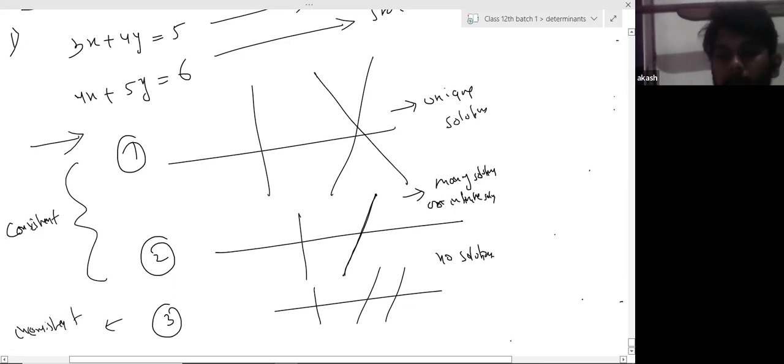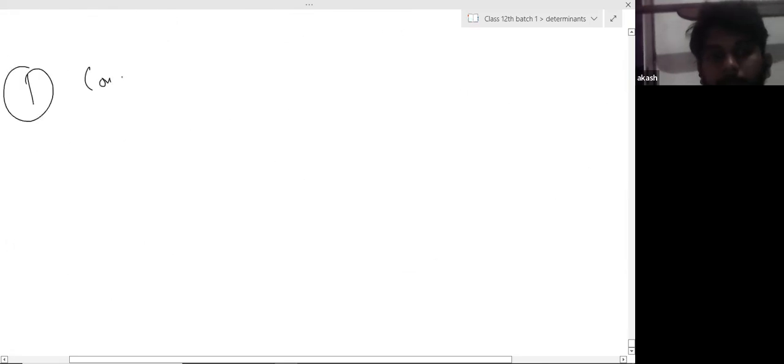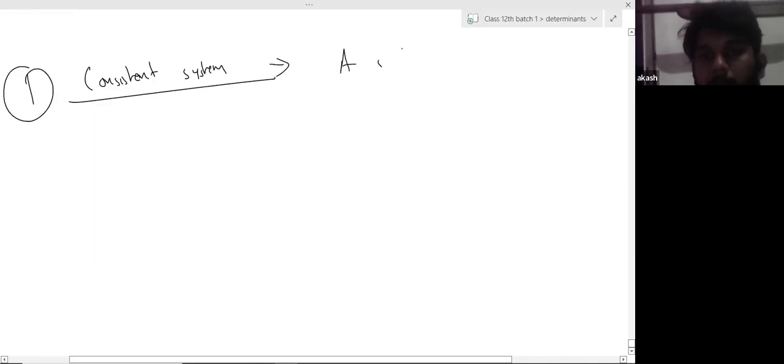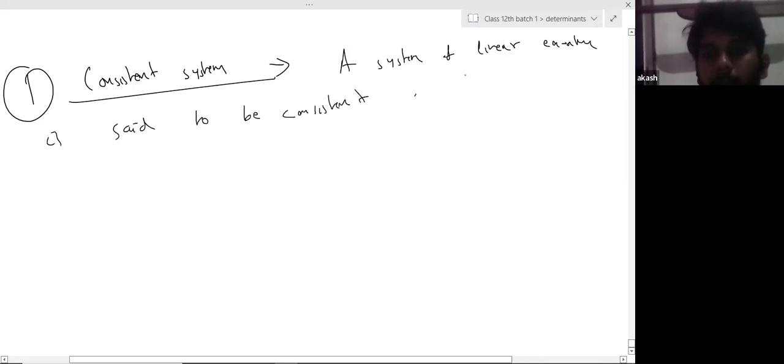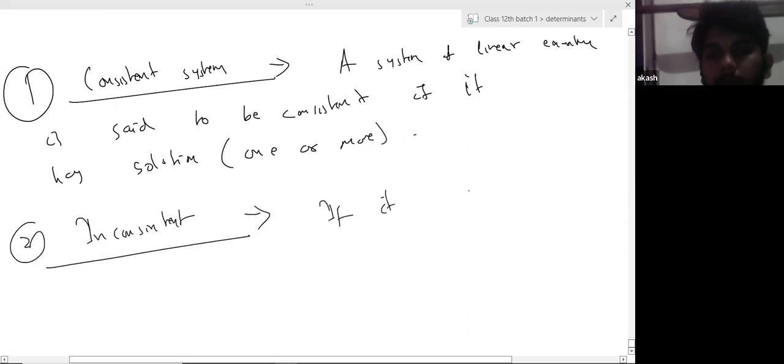All right, so you can write it down. A system of linear equations is said to be consistent if it has a solution, one or more, and inconsistent if it has no solution.